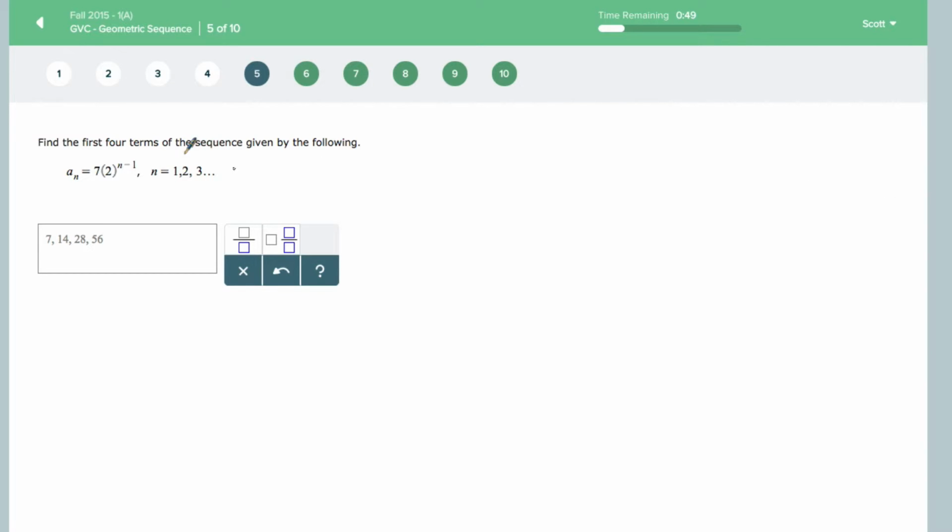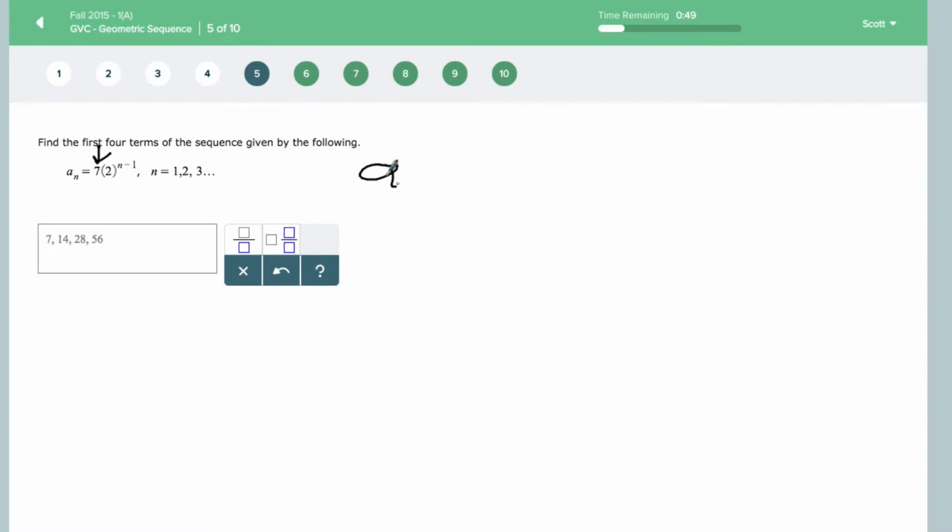Again, on this type of problem, all this n equals thing is telling you is use 1, 2, 3 in here for n. So n minus 1, or 1 minus 1, 2 minus 1, 3 minus 1. But it's easier to just remember, hey, I already know the first term. That's my first term.